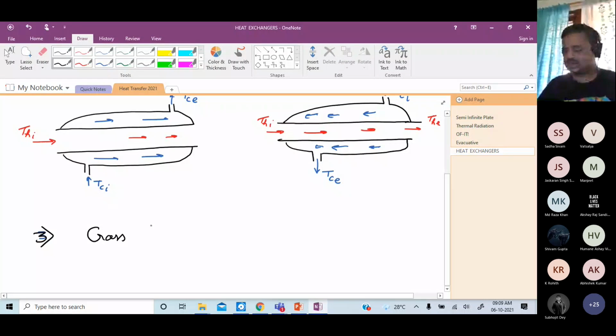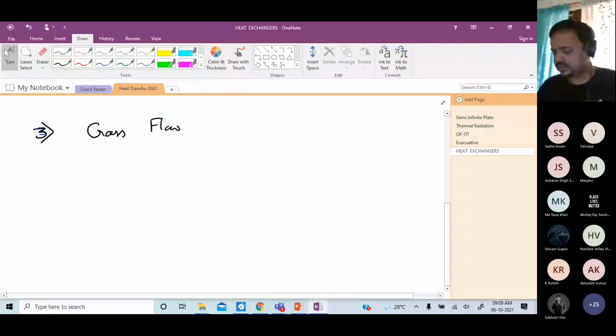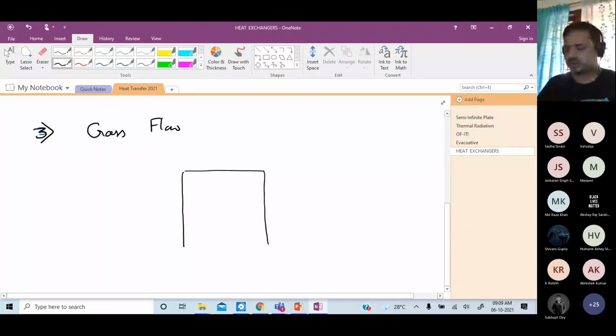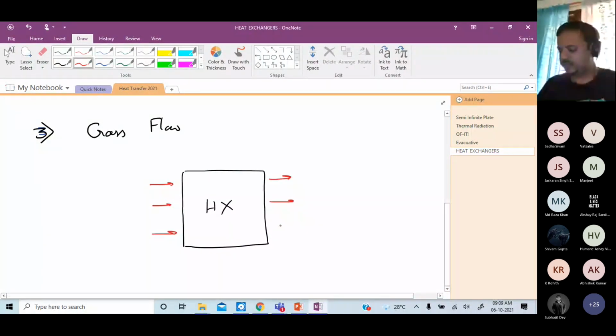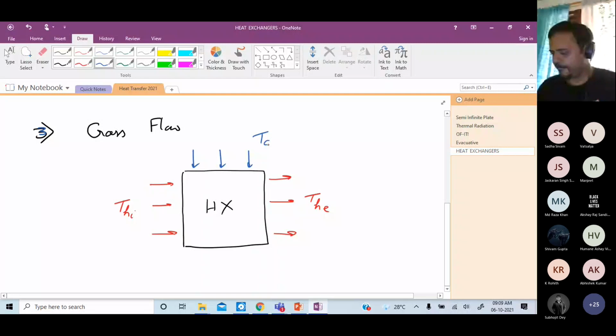So there it's a little difficult to draw in 2D, but what it essentially means is, let us say this is my heat exchanger. My hot fluid will come like this, THI and THE. My cold fluid is going to come out like this.